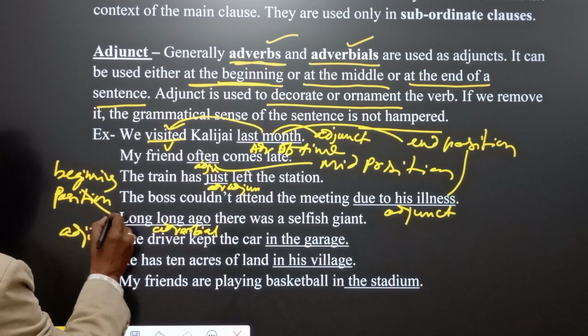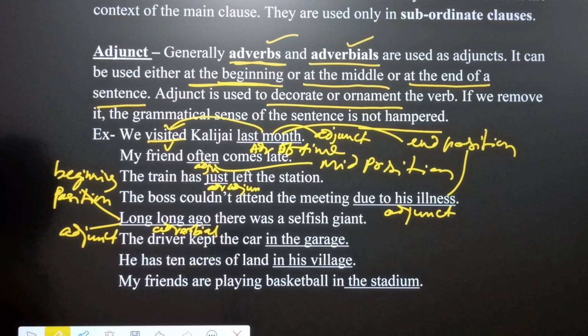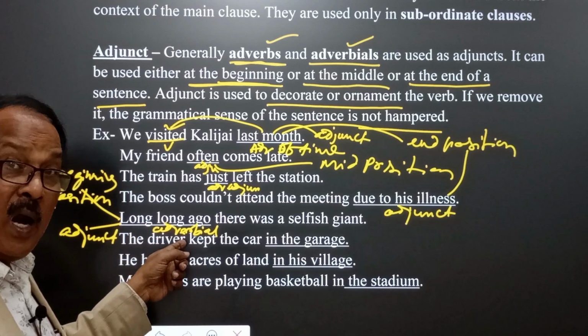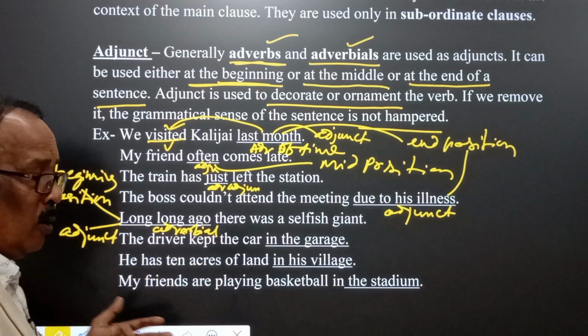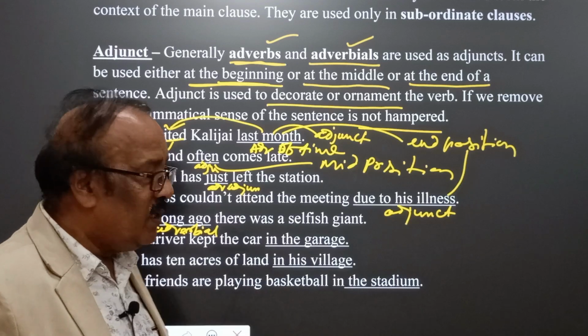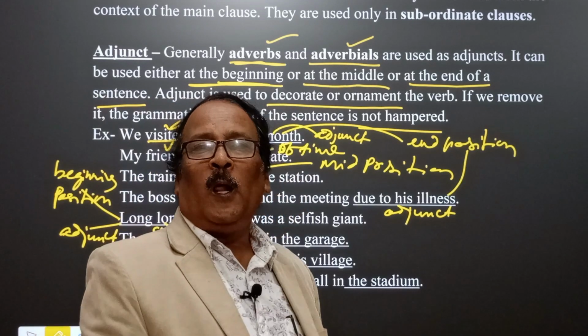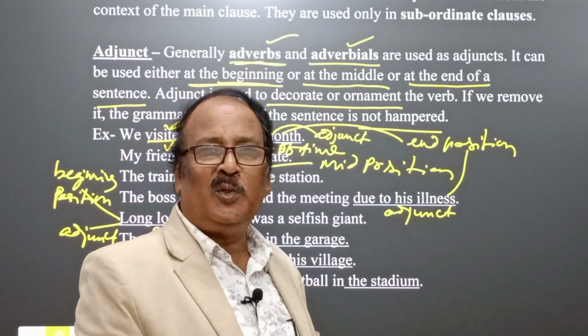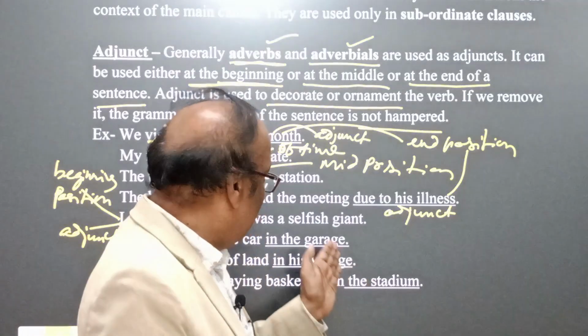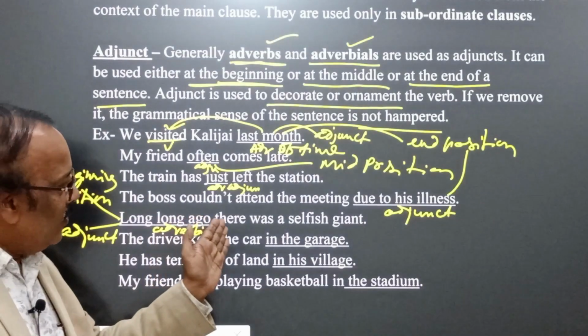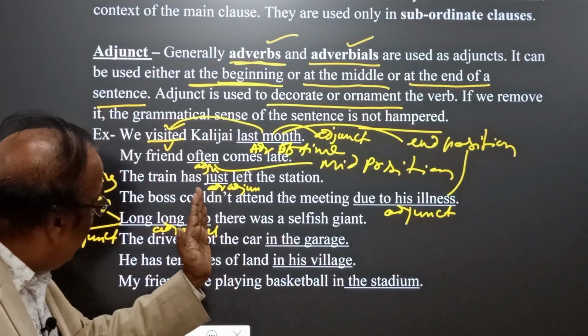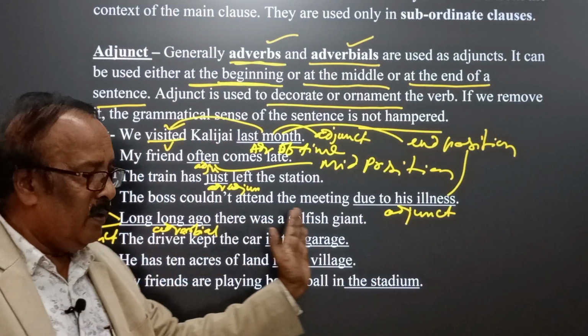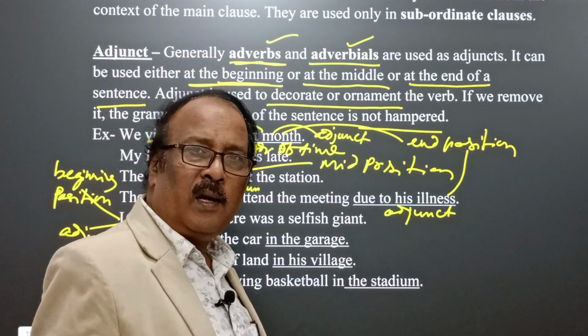And this adjunct is found at the beginning of the sentence, and if we remove it, there will be no problem. There was a selfish giant in Oscar Wilde's The Selfish Giant, a world famous story. Here, long ago, there was a selfish giant. If we remove long ago, then there will be no mistake in grammar.